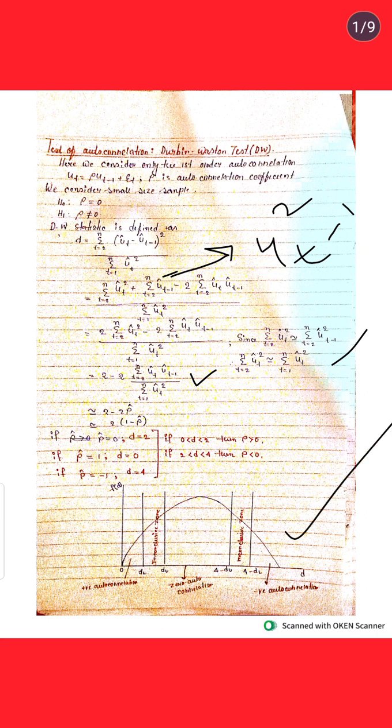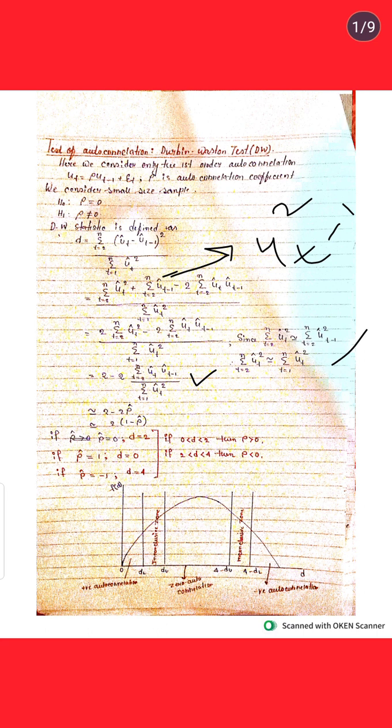So from this diagram we can say that this zone is positive autocorrelation. This zone is for negative autocorrelation. This is an inconclusive zone. This is also an inconclusive zone, and this zone in the middle is zero autocorrelation, that means there is no autocorrelation.